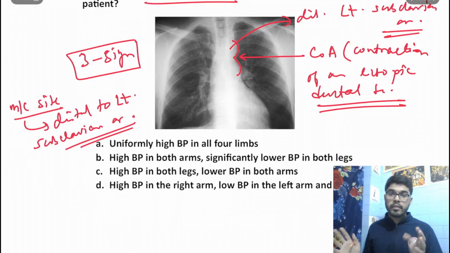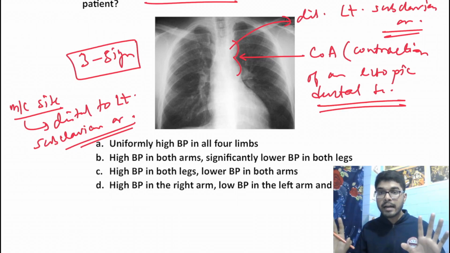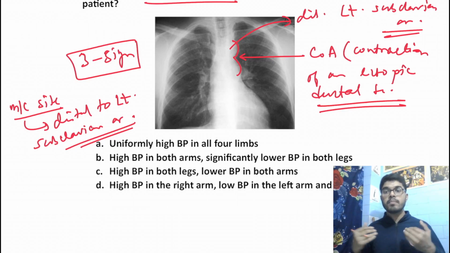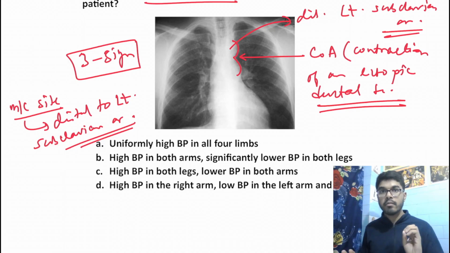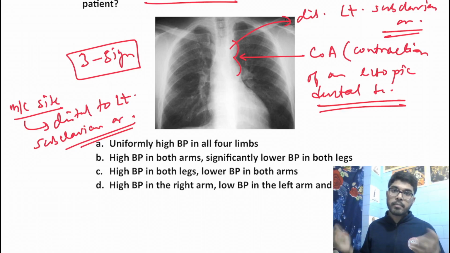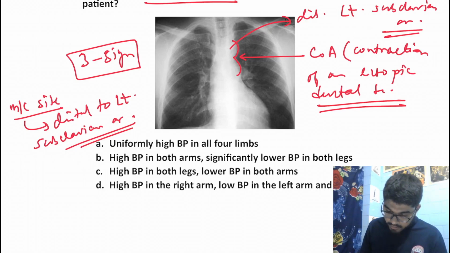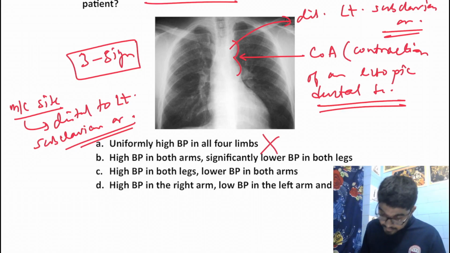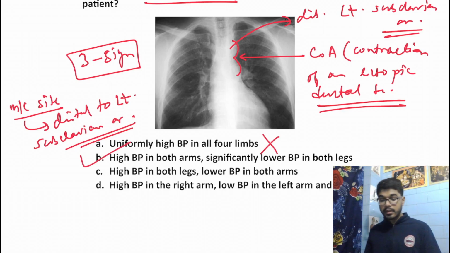So if we have the coarctation distal to the left subclavian artery, then the blood supply to the hands will be normal or rather high, whereas blood supply to the feet will be less. That's why we would get normal to higher pressure in the upper limbs and low pressure in the lower limbs. So high BP, uniformly high BP in all 4 limbs? No. High BP in both arms and significantly lower in both the limbs? This should be the correct answer.